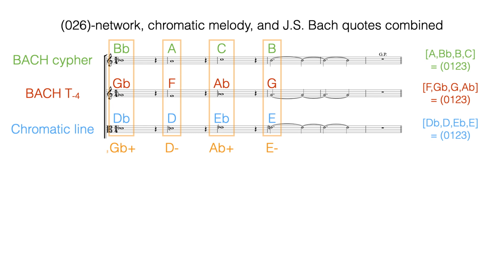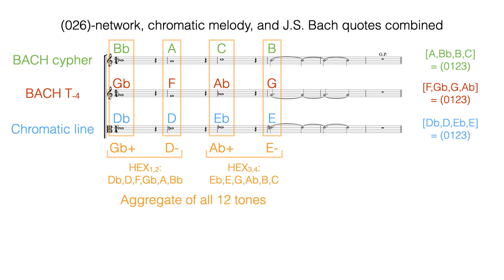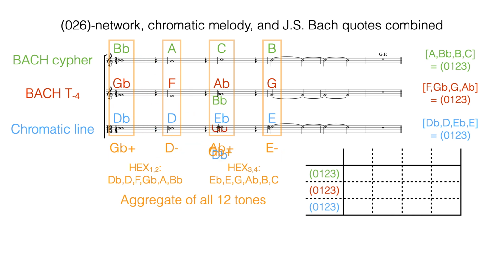These triads pair into complementary hexatonic collections, which together form the aggregate of all 12 tones. The upper three parts can thus be thought of in virtually the same way we thought of the 026 network at the beginning of the piece: an array with 0, 1, 2, 3 in the rows, and, in this case, 0, 3, 7 rather than 0, 2, 6 in the columns.